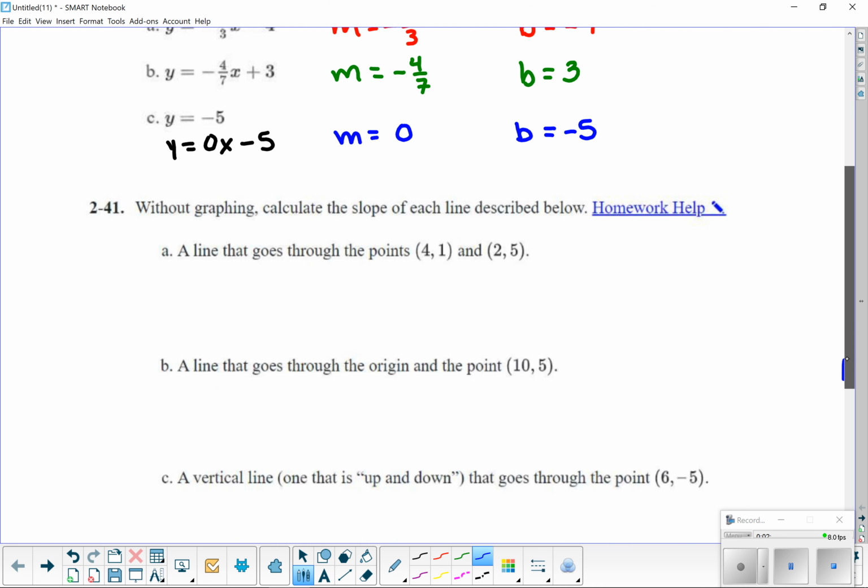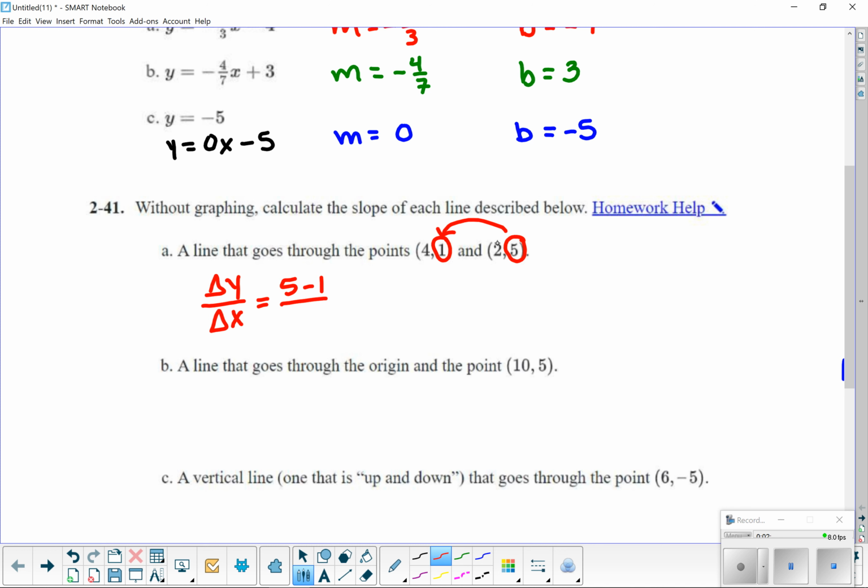All right, without graphing, calculate the slope of each line described below. So remember, when we're doing this we use the slope formula. All you're doing is just taking the y's and subtracting them. So if I start in the back, subtract the front, that would be the delta y over delta x. So the delta y would be 5 minus 1.